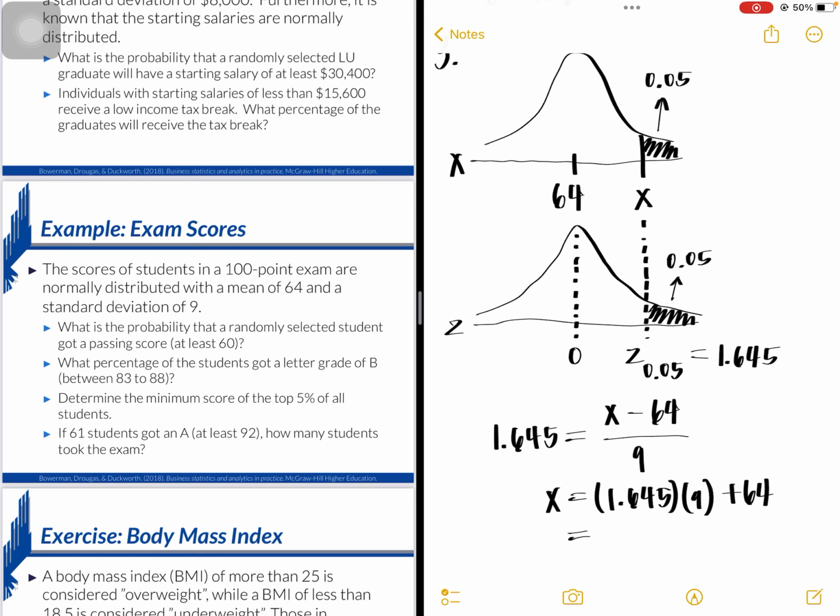So when we solve for this using calculators, we will get 78.805. So the minimum score for a student to be part of the top 5% is 78.805.